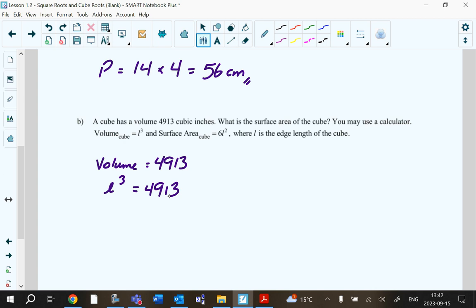Or solve this equation. How do we get L by itself? How do you get rid of a cube? Cube root it. And whatever you do to one side, you got to do the same thing to the other. So to find L, we just have to take the cube root of 4,913.